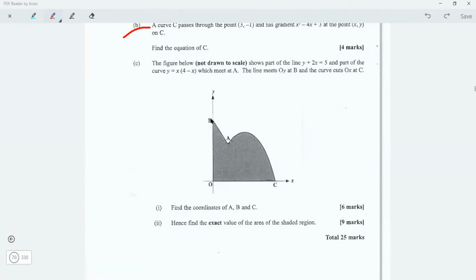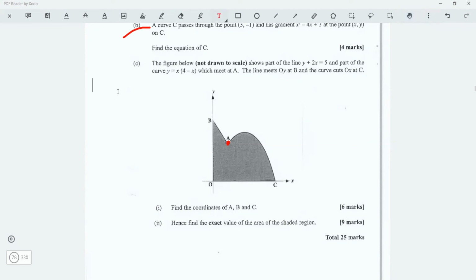Look at this, Marika. You have a straight line and you have a curve. The line intersects the curve at A. C is the root on the curve, and B is the y-axis intercept of this line. So we can do that right here in this little space.